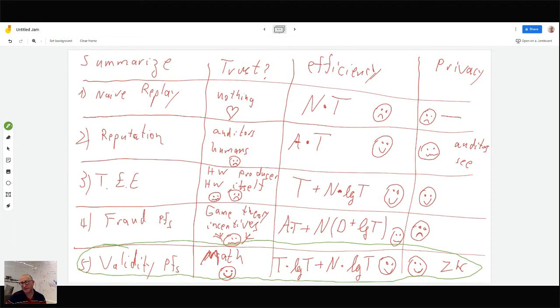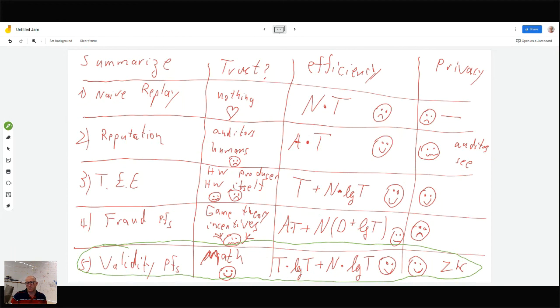But I just want to say that if you want full privacy, for instance, Zcash style, then you can do that with validity proofs as well, and at scale. Basically, you move to a different kind of state of the system, where the state of the system does not represent the information itself.